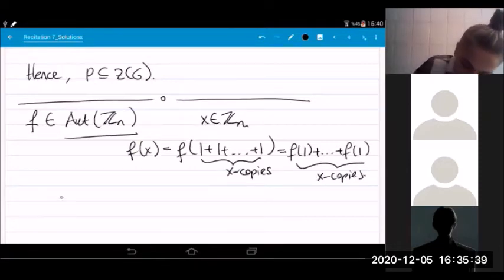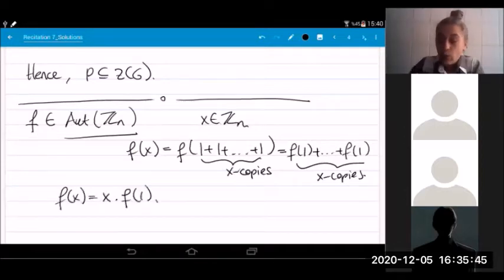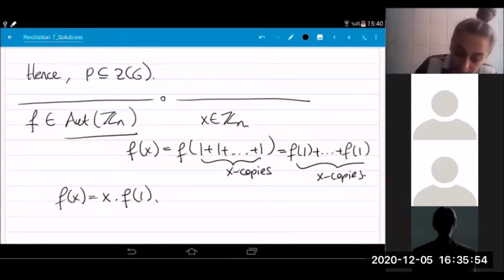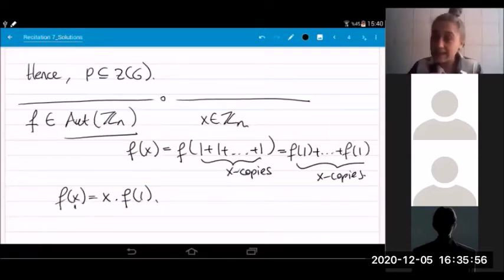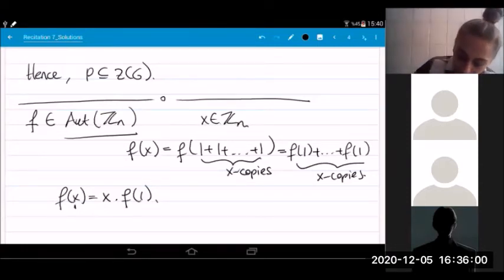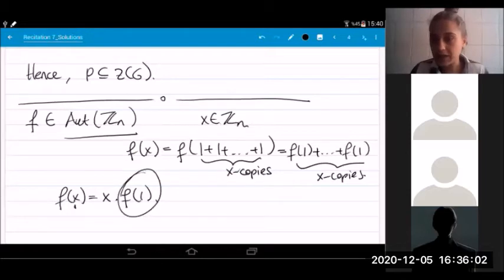So instead of f of X, we have nothing but x times f of 1, okay? And 1 is a special element here. 1 is one of the generators of Zn. So this means that for an arbitrary element x in Zn, its image is uniquely determined by the image of a generator.